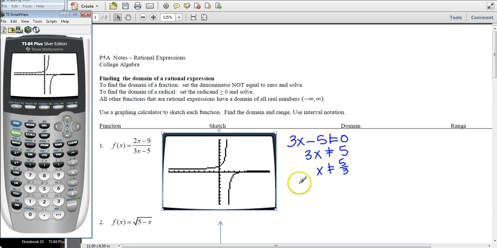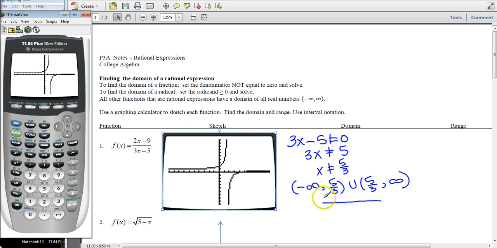The domain is all real numbers except 5/3. The interval notation for that is negative infinity, comma 5/3, parenthesis, because we're not including the 5/3, union, parenthesis, 5/3 to positive infinity. So that's everything except 5/3.